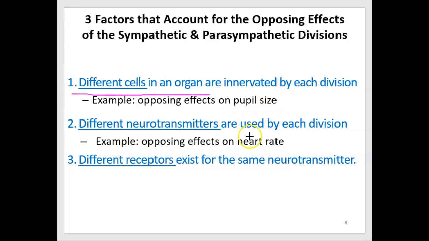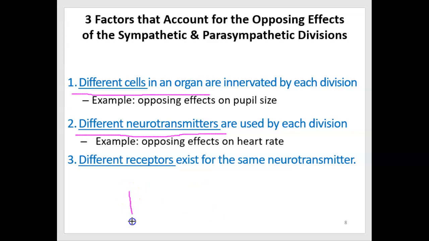Another factor is that each division uses a different neurotransmitter. So if you recall, neurotransmitters can either be excitatory or inhibitory depending upon what ion channel they open.